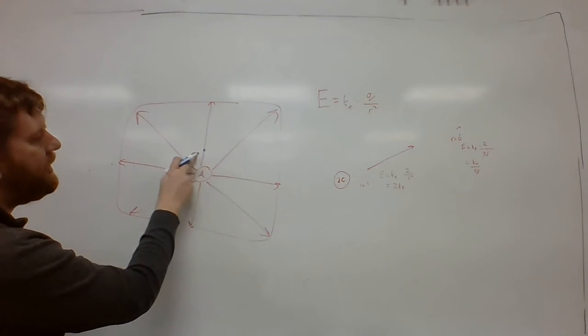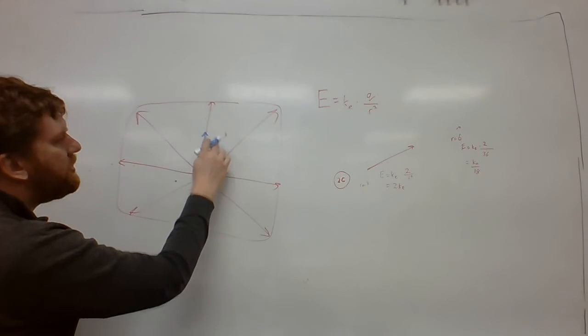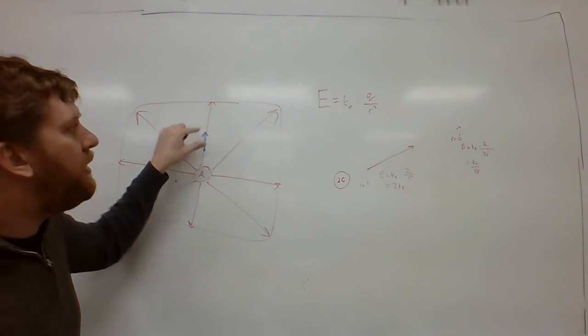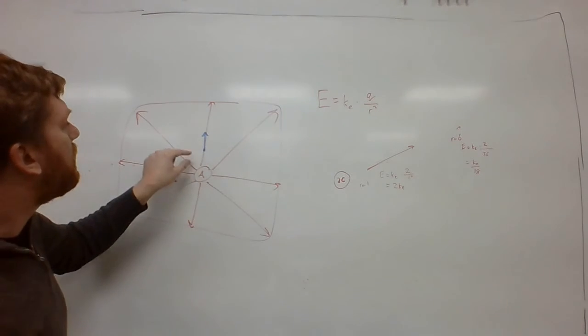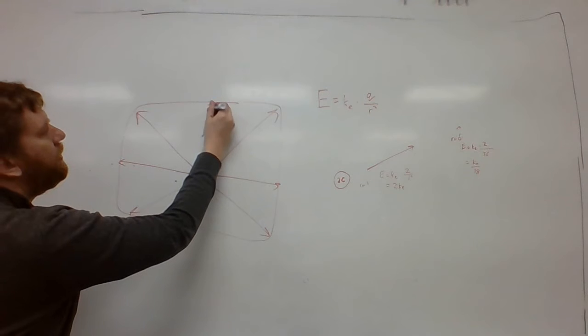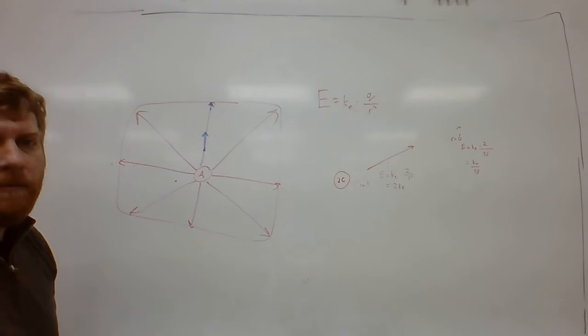Let's find the field vector right here. The field vector is going to point in the same direction as a field line, but its length is going to be dependent on that equation. The closer I am to A, the smaller R is, the larger E will be. The further I go away, the smaller my magnitude is going to be.